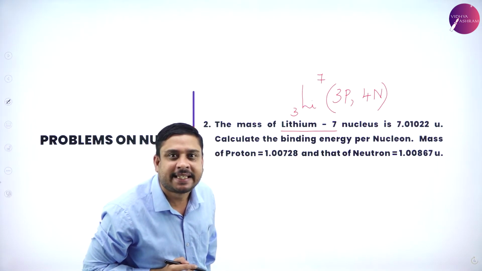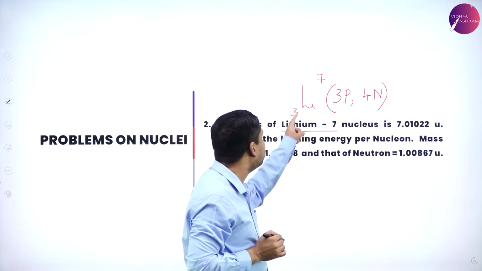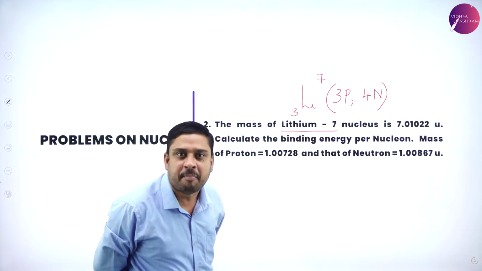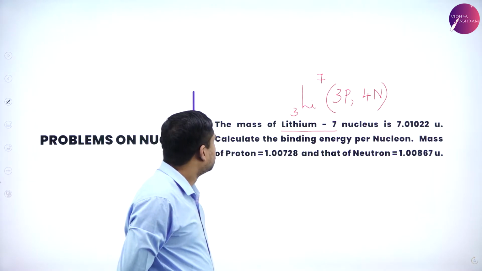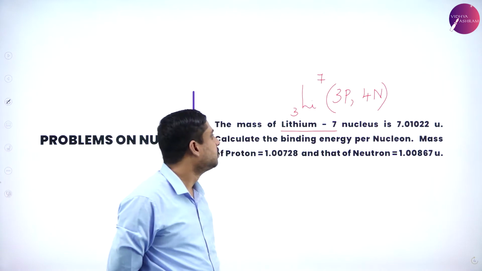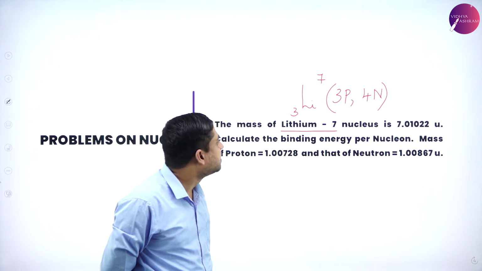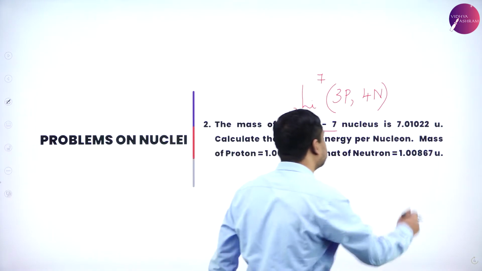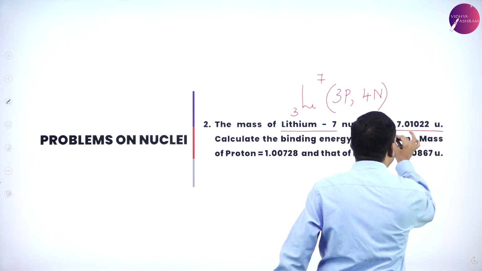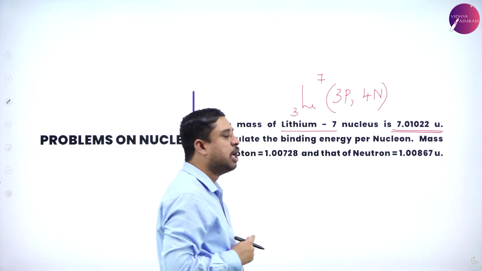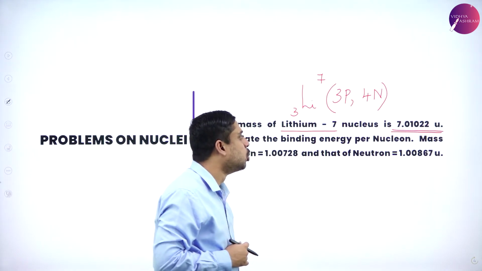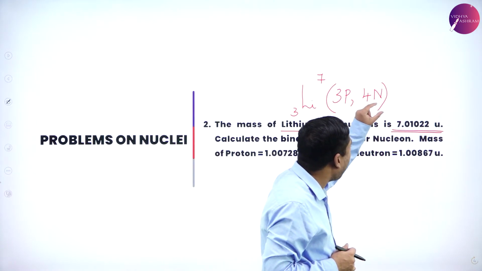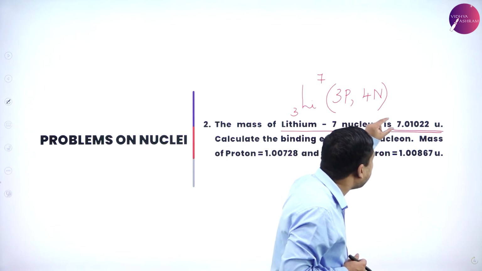How do you calculate the number of neutrons? 7 minus 3, mass number minus atomic number. So the mass of lithium, which has 3 protons and 4 neutrons, is 7.01022 AMU. So this is the actual mass of the lithium-7 nucleus.